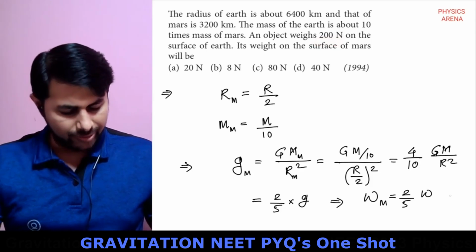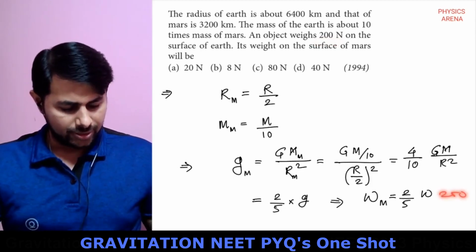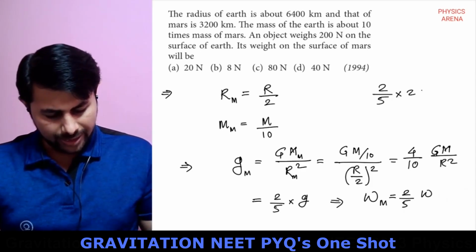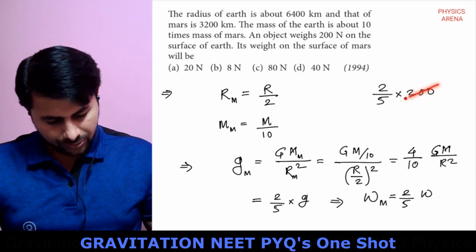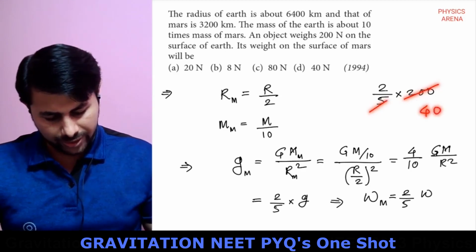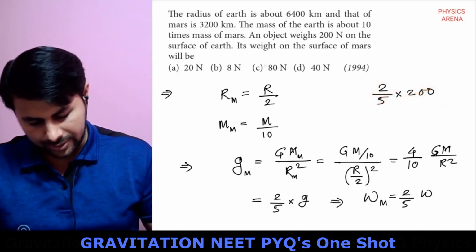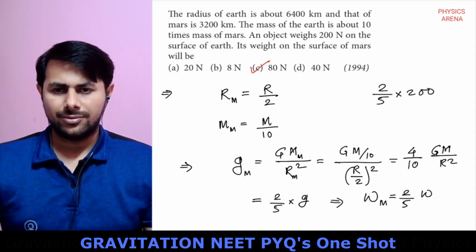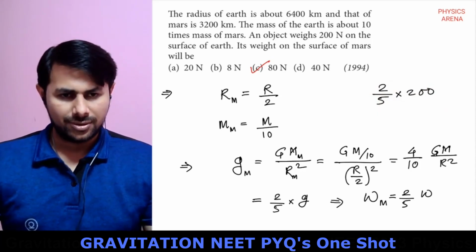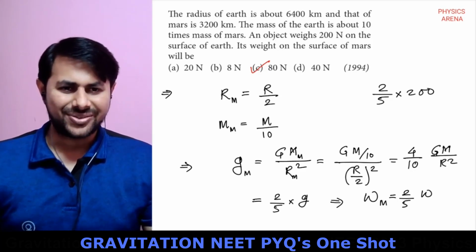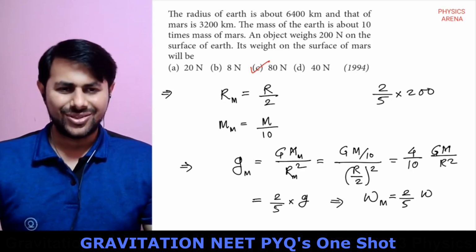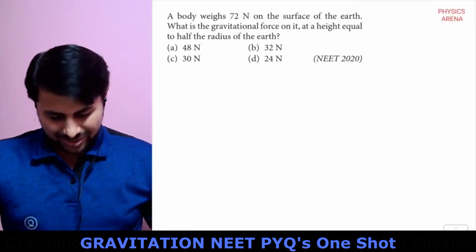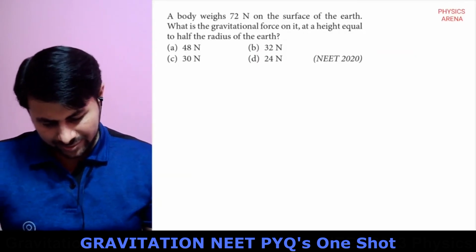So 2 by 5 multiplied by 200. 200 by 5 is 40, and 40 times 2 is 80. So 80 is the answer. Got it? Oh, you solved it. Very good. Correct, option C. Okay, let's see the next question.